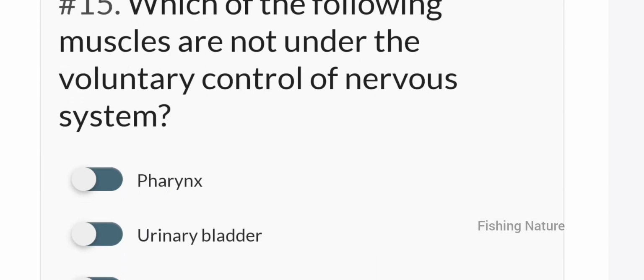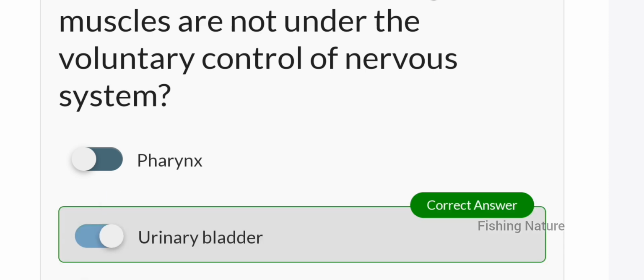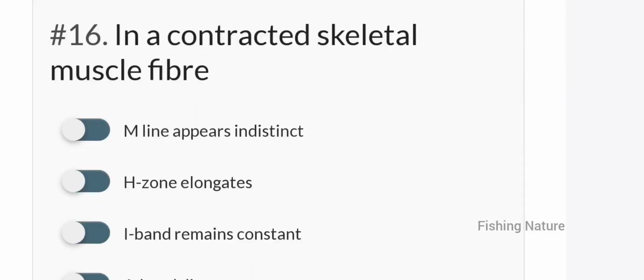Which of the following muscles are not under the voluntary control of the nervous system? The pharynx, urinary bladder, anterior end of the esophagus, or tongue? It is the urinary bladder. Next one, in a contracted skeletal muscle fiber, M-line appears indistinct, H-zone elongates, I-band remains constant, or A-band disappears.